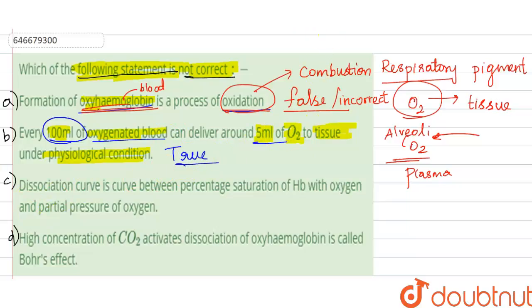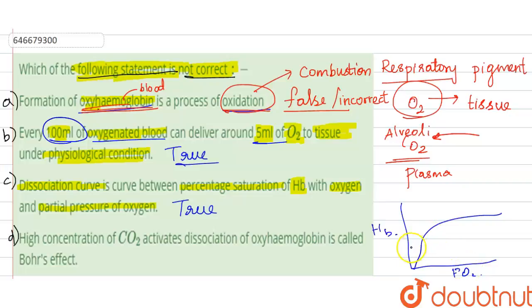Option C says that the dissociation curve is a curve between percentage saturation of hemoglobin, Hb, with oxygen and partial pressure of oxygen. This statement is also absolutely true. We know that the dissociation curve is a graph in which we plot percentage saturation of hemoglobin on one side, and on the other side the partial pressure of oxygen.